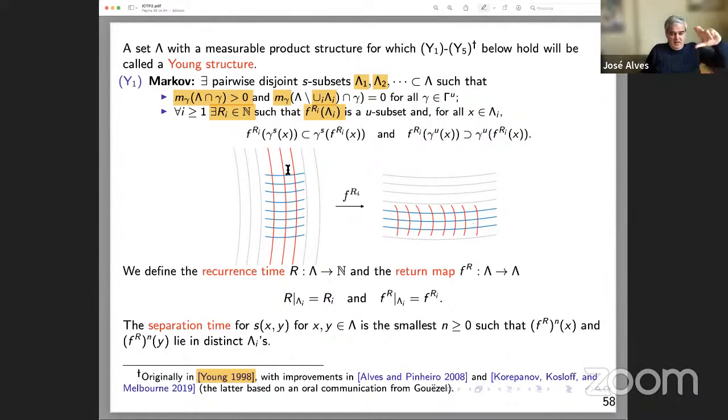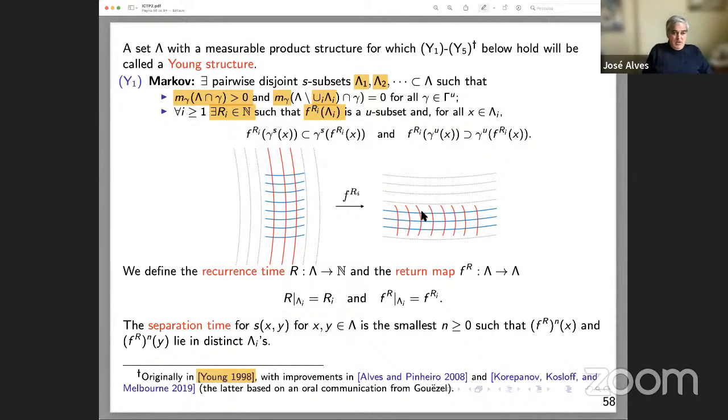The stable has a tendency to contract. That's what happens here to the reds. And the unstable has a tendency to expand. I say the tendency because here it is not uniformly hyperbolic dynamics, so it's non-uniform in the applications. So in the future, this eventually will occur.